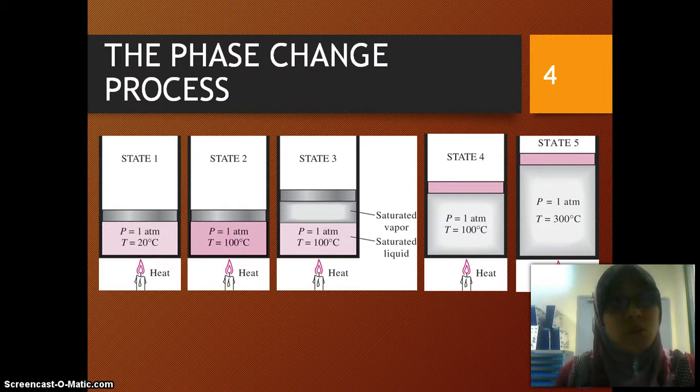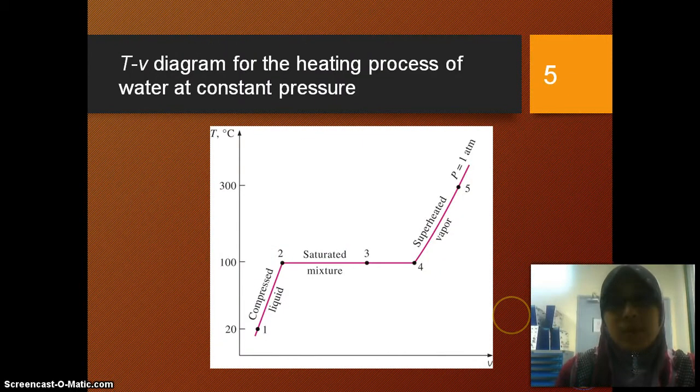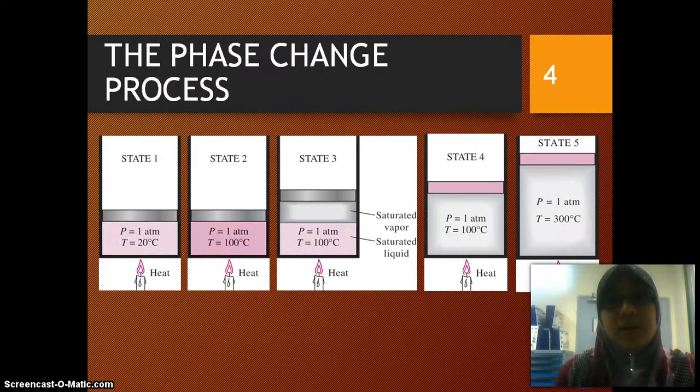When the last drop of liquid vaporizes, state 4 is known as saturated vapor. But at this state, any heat loss will result in the vapor condensing, that means from vapor going back to liquid.